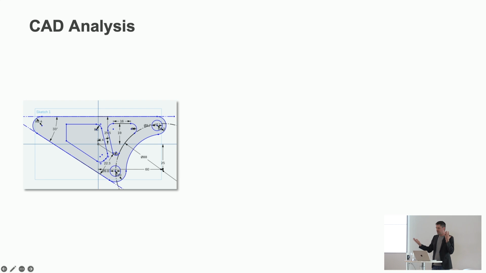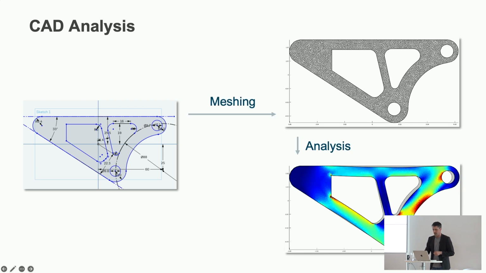If somebody has designed such a CAD shape and you want to do design, you usually also want to test how it behaves. So the typical workflow is that you start from a parametric CAD model, as you see on the left, and then you want to test its behavior in simulation.